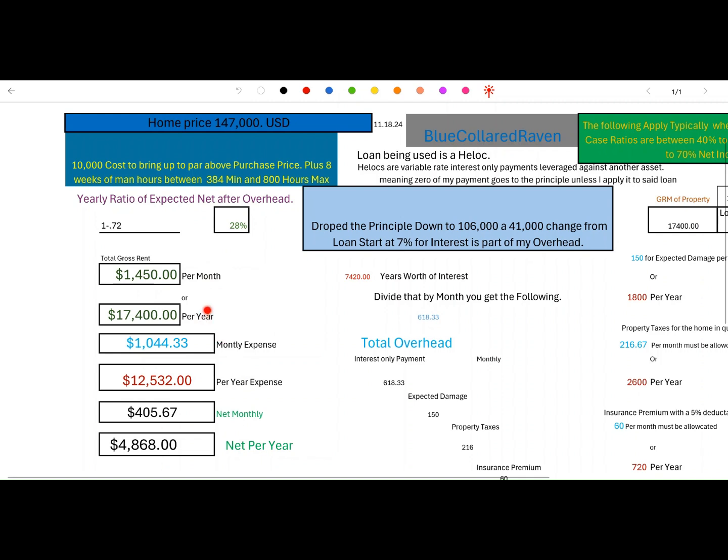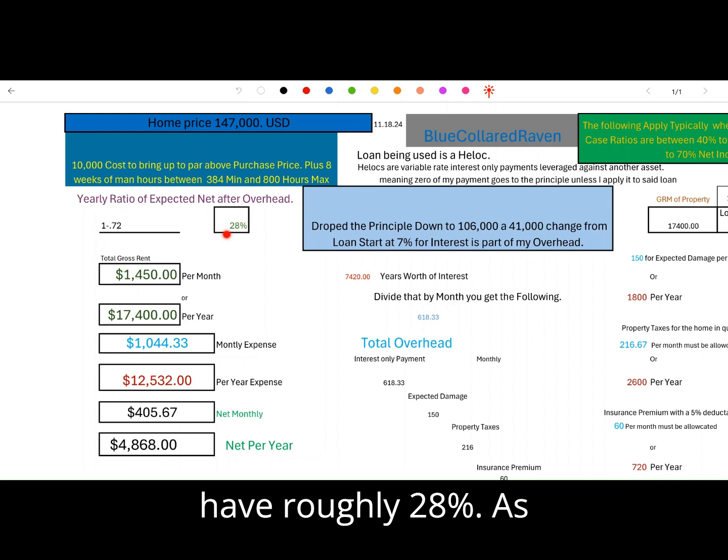So gross over yearly expense, which means I am looking at 100% minus 72% in expenses, which means for this property I should have roughly 28% as my net.